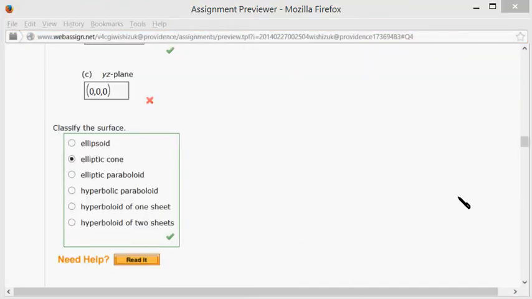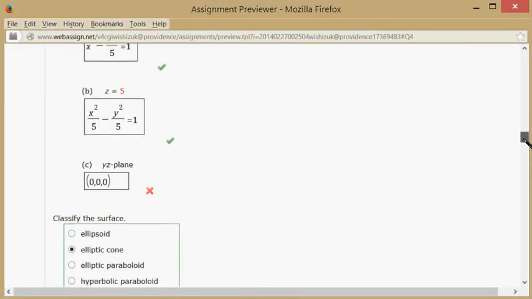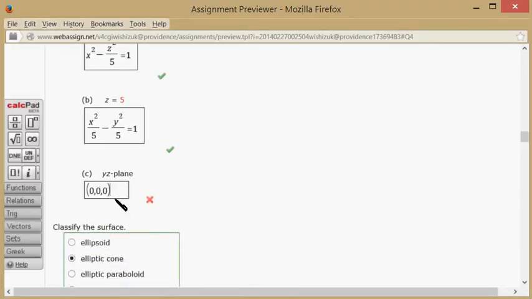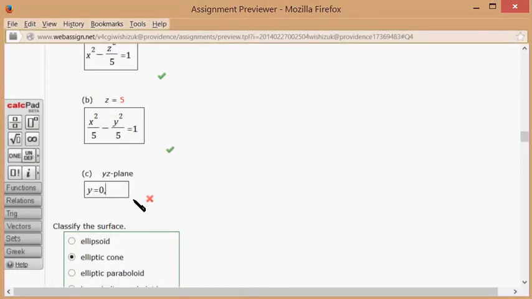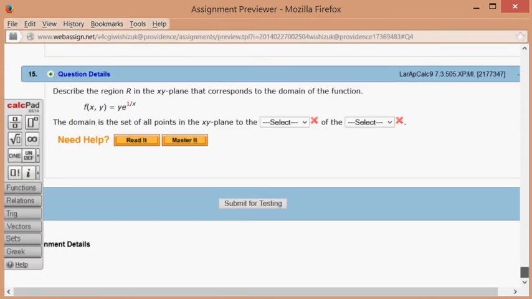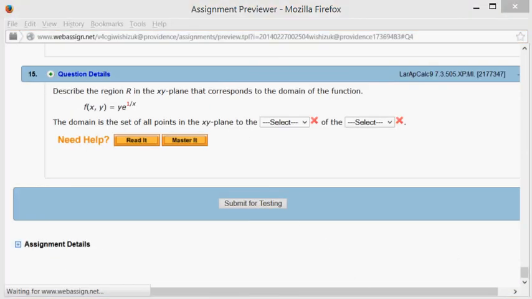It came back and looks like I got this one wrong. Maybe the way I wrote it might be the reason why it's not accepting it. So maybe I'll write it as y equals 0 and z equals 0. I'm not sure if this is going to work, but I'm going to try.